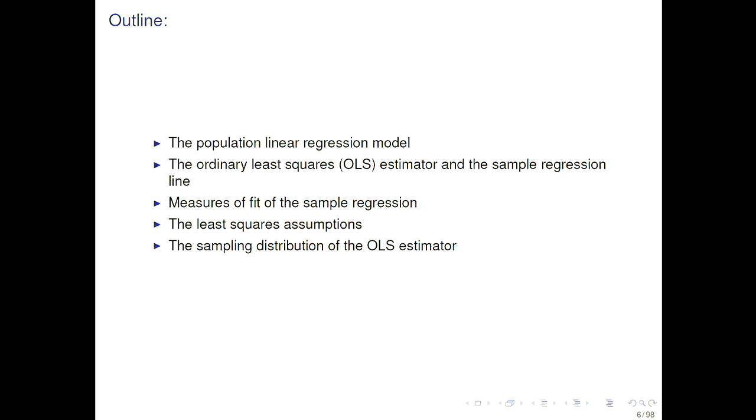And also, we will discuss the sampling distribution of the OLS estimator. Sampling distribution is important because we want to do inference: hypothesis testing and confidence intervals. In order to do inference, we need to have a sampling distribution, just like we had a standard normal distribution for the sample mean problem.